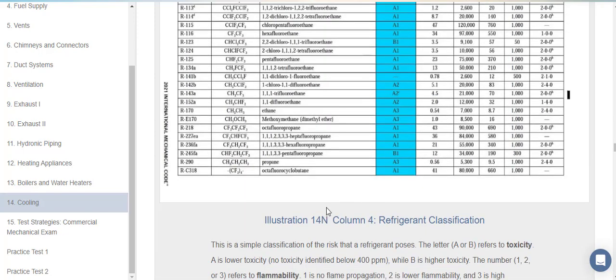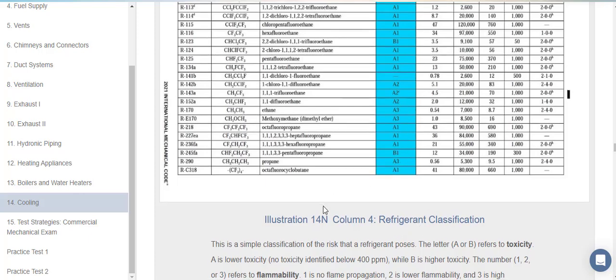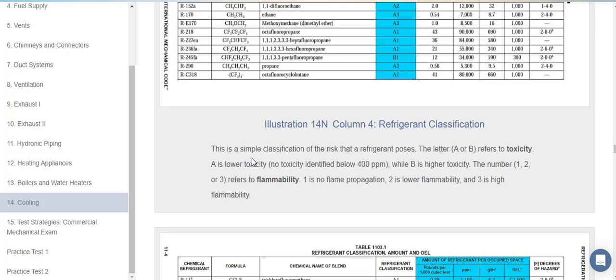Here, number 4, illustration 14, column number 4, refrigerant classification. This is an important one. This is a simple classification of the risk that the refrigerant poses. The letters A or B refer to toxicity. A is lower toxicity, no toxicity identified below 400 ppm, while B is higher toxicity.